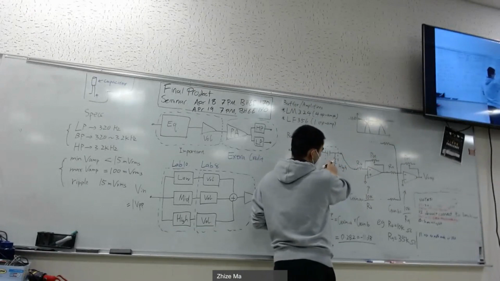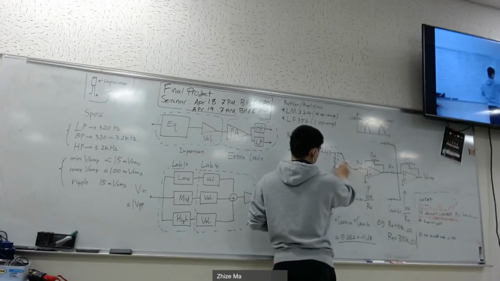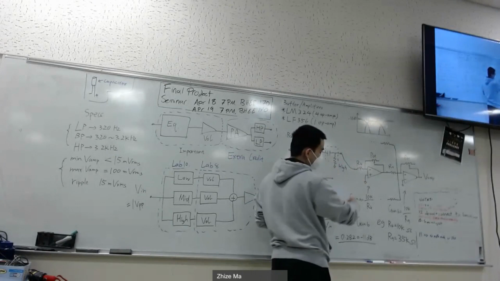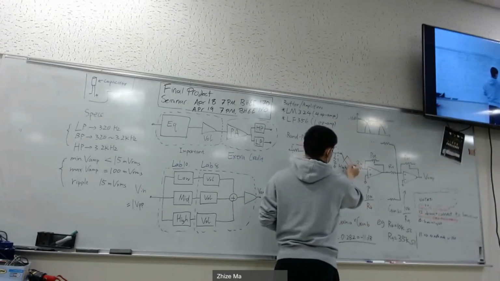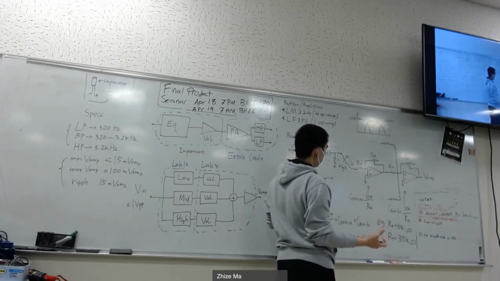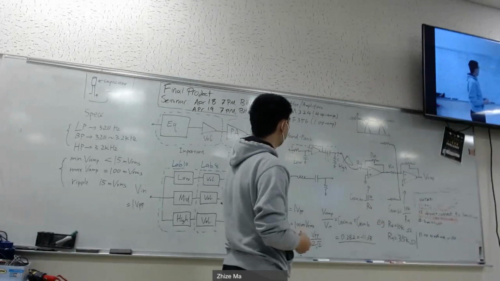So we want to make sure this resistor value is much larger than this one. Okay, so that's one way to solve the loading issue. Another way is they can just put a buffer in between. So they will need an actual circuit, but that will also fix it. So either way works. It depends on them.